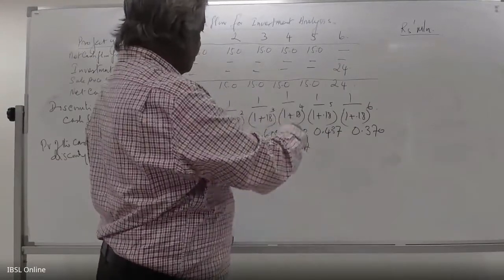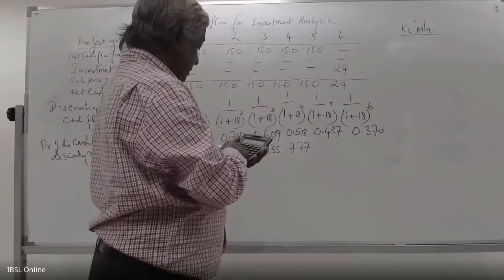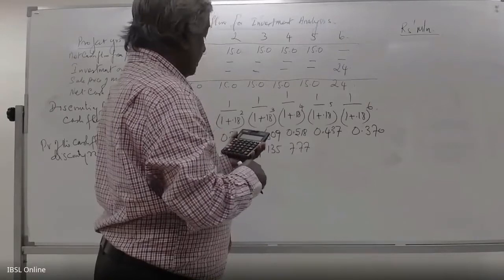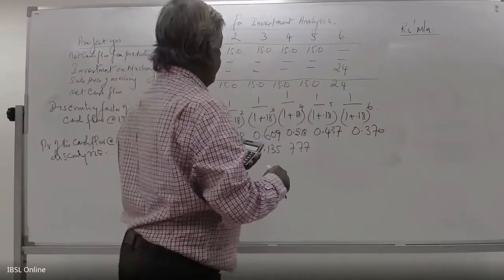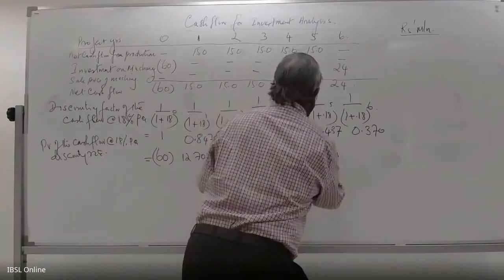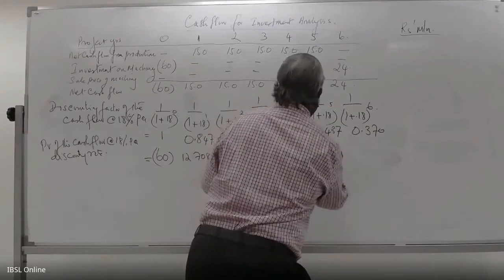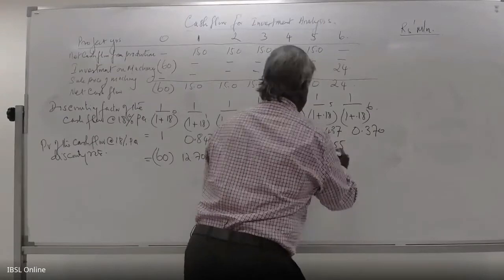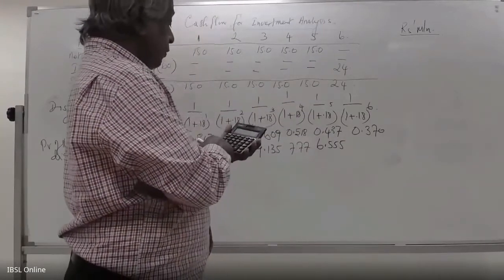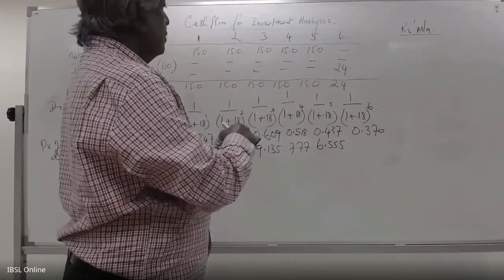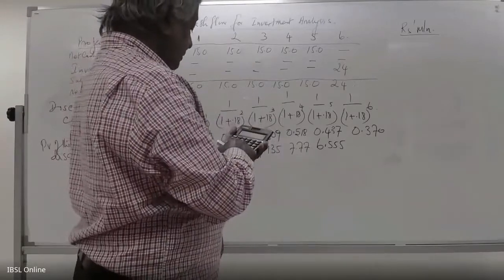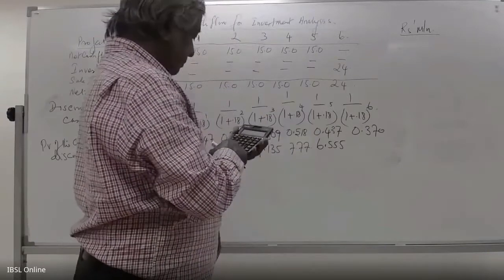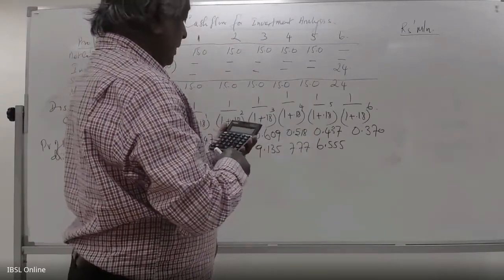Now 15 into 0.437, 6.555. And finally 24 into 0.370, 8.88.